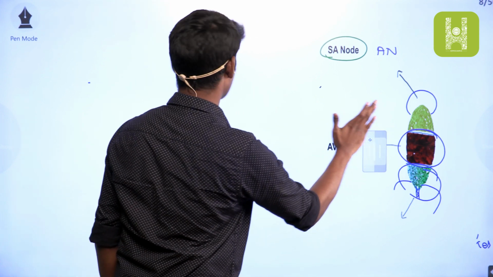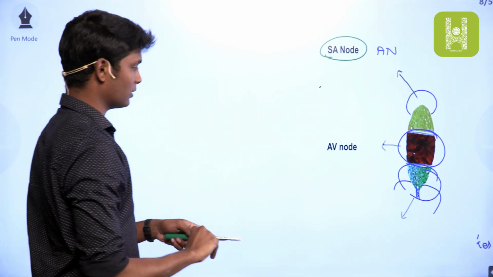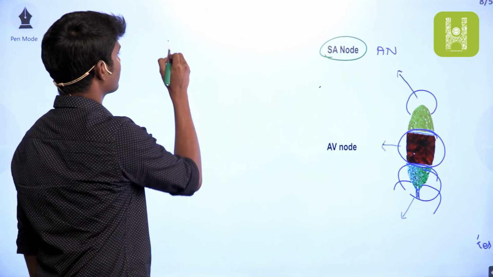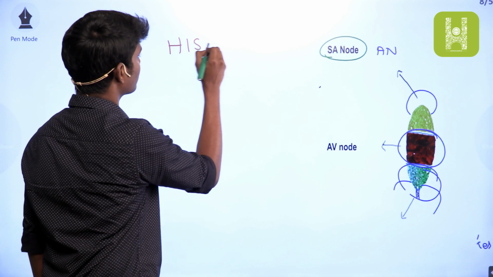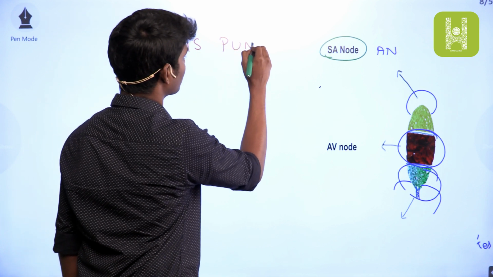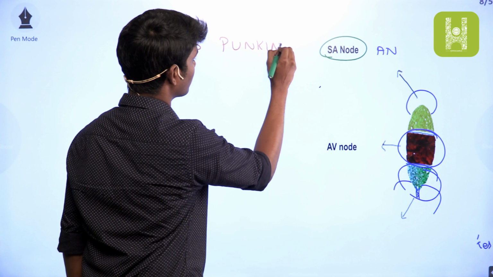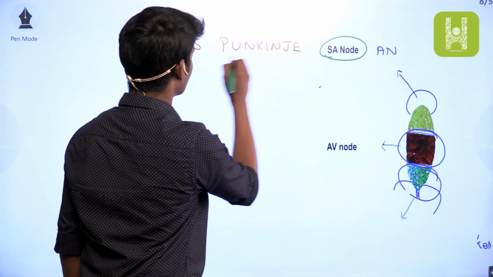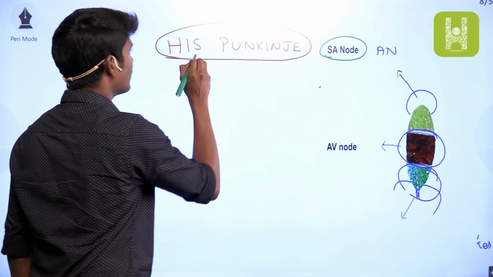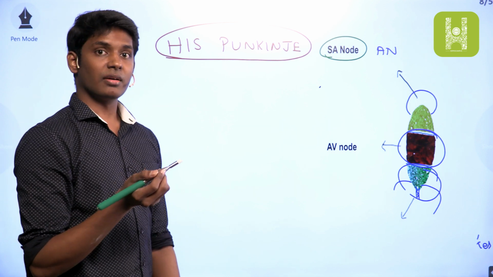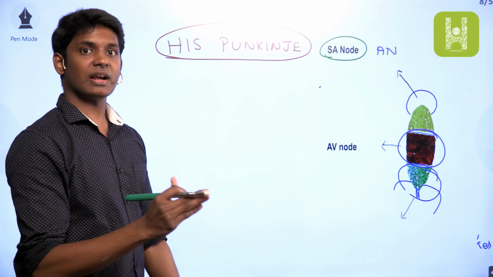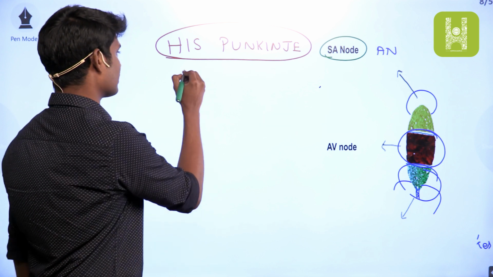So the next part is the His-Purkinje system, which is actually thought to be the fastest conducting pathway of the heart.